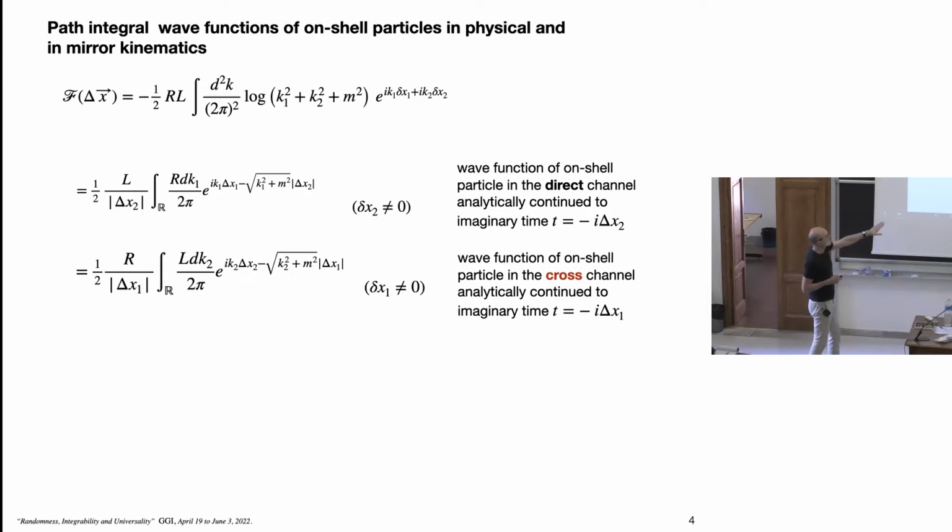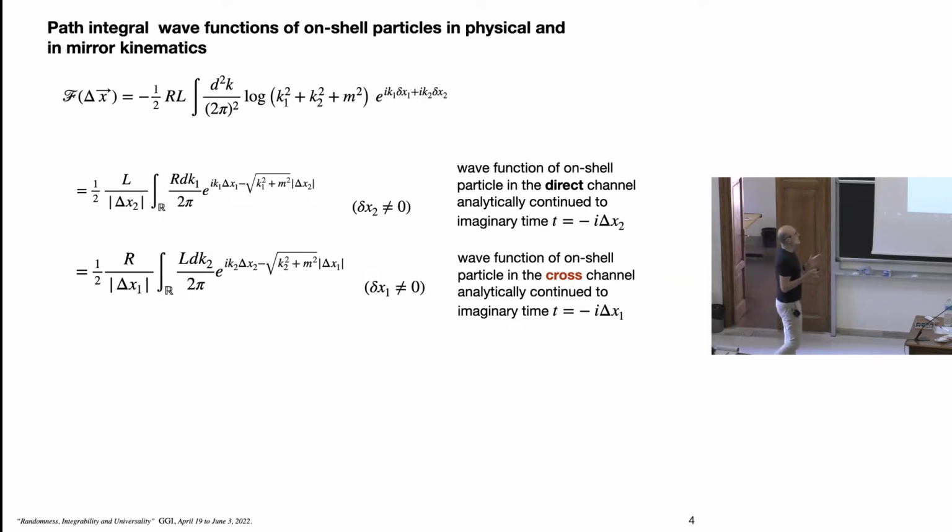The time is obtained by Euclidean rotation of the second coordinate, x2. And this is small delta, it's not big, sorry. And in the second case, it's the opposite, the first coordinate. So you can imagine that there are two particles, one evolving vertically, say, and the other horizontally on the torus.